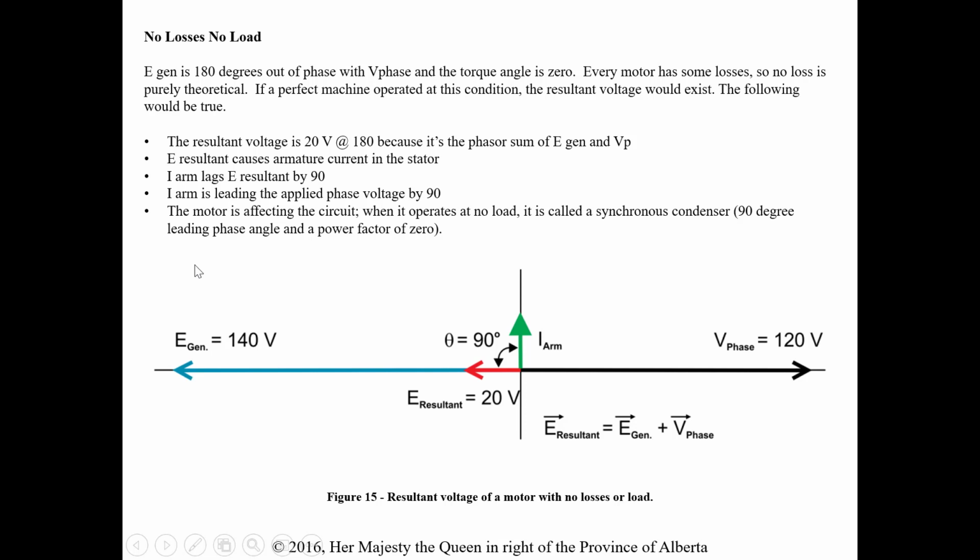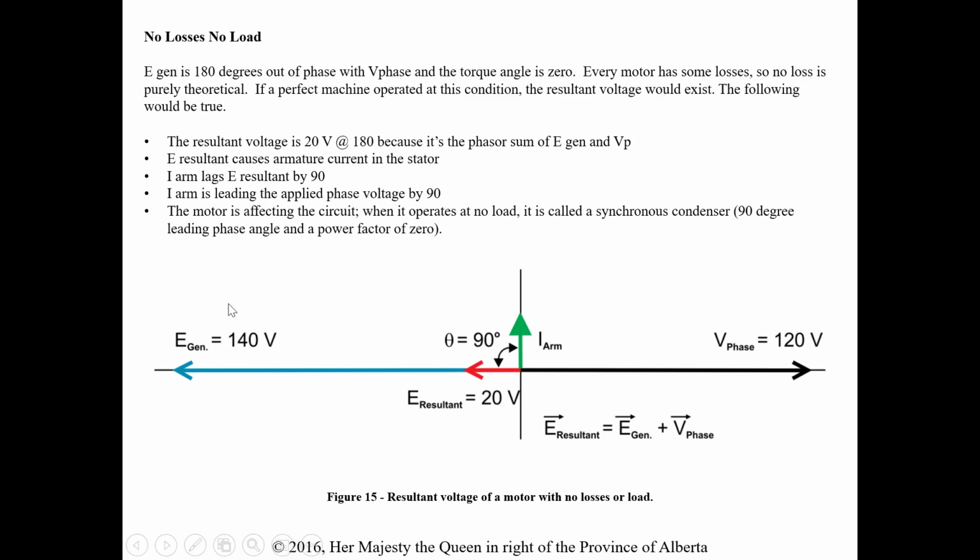So again, let's first start talking about no losses and no load. So Egen, again, being at this 180 degrees here, again, not a real thing, okay? Every motor has losses, so this is purely theoretical. But if this perfect machine was operated at this condition, the resultant voltage would exist. So the following would be true. So the resultant voltage is 20 volts at 180, because the phasor sum of Egen and V phase.